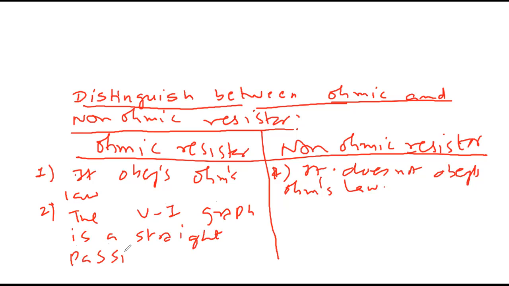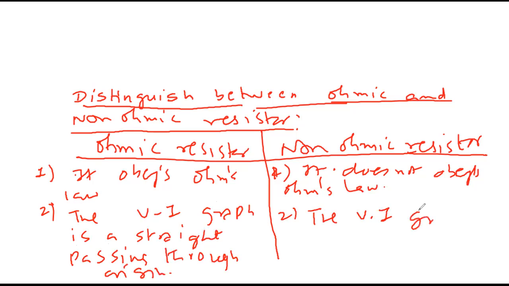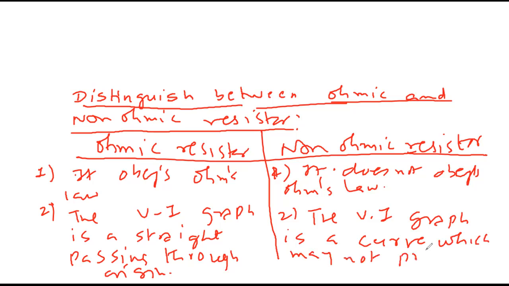For non-ohmic, the VI graph is a curve, which may not pass through origin.